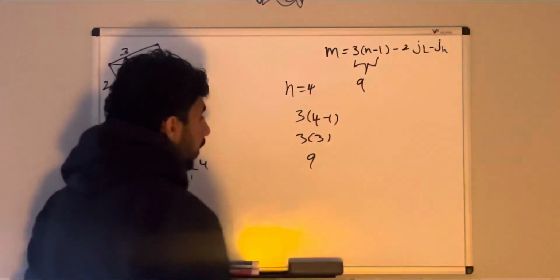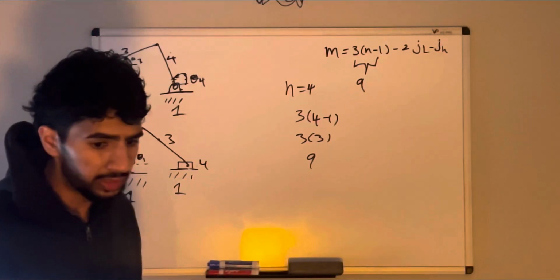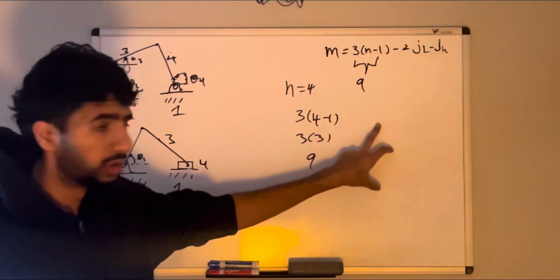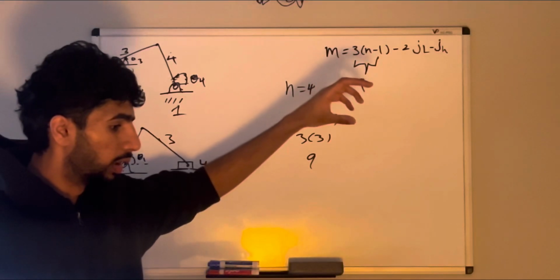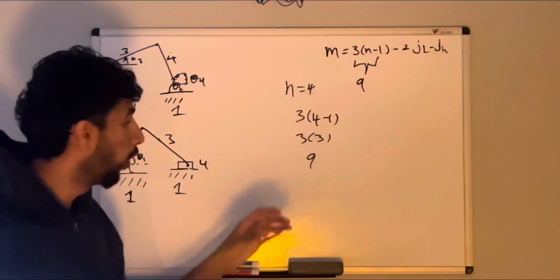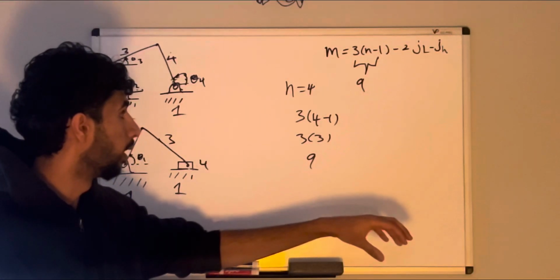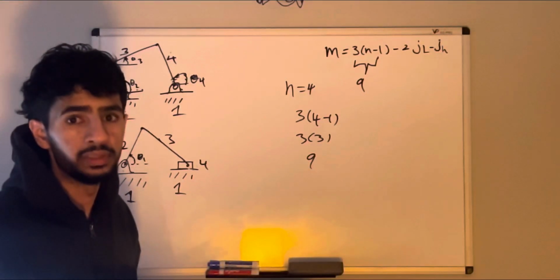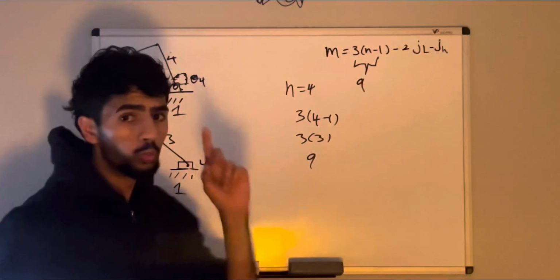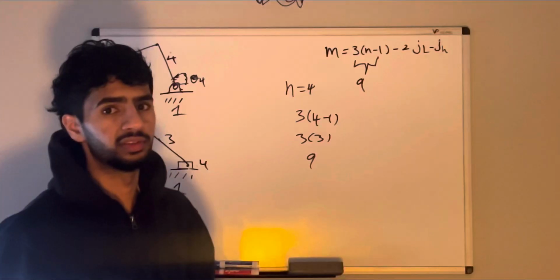What this means is that there's a possibility of 9 degrees of freedom if you summed up all the possible degrees of freedom that can exist in the mechanism. The reason why it's minus 1 is because one link in the mechanism has to be fixed for it to operate.